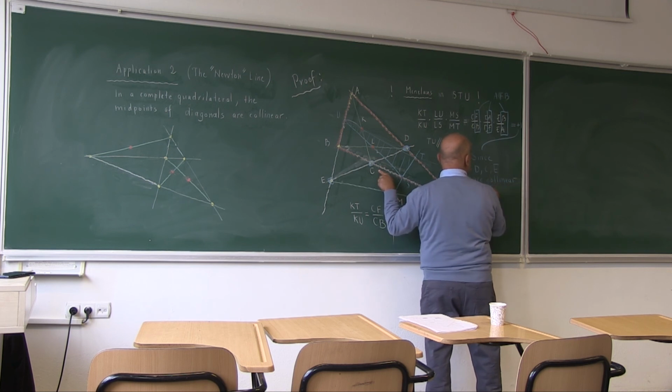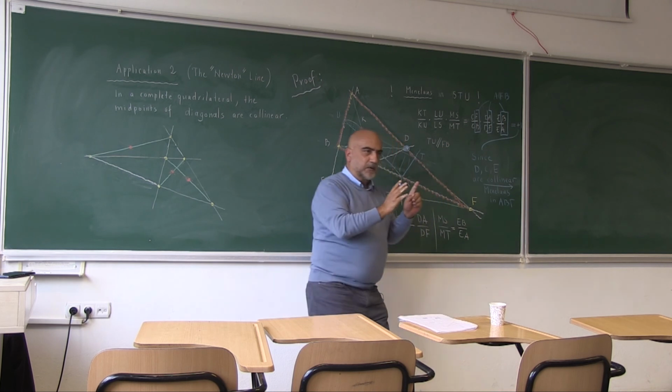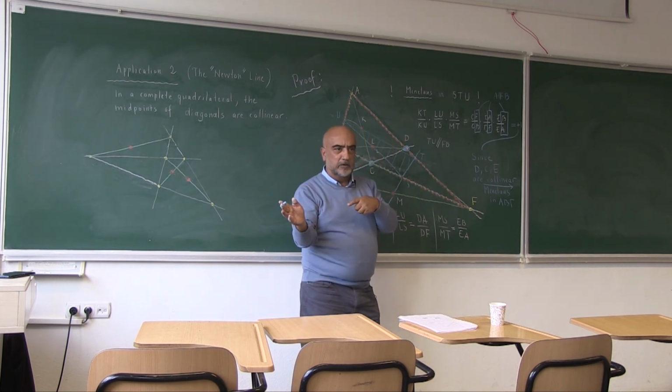And I'm using Menelaus in ABF this way. So I'm starting from collinearity going to the numerical relationship.